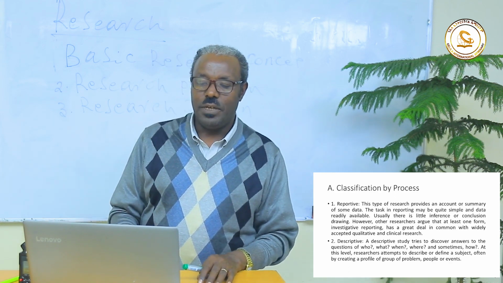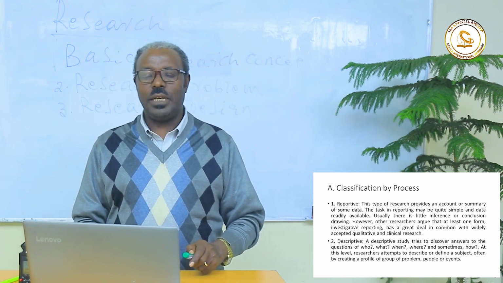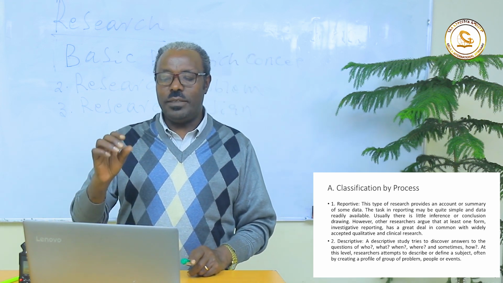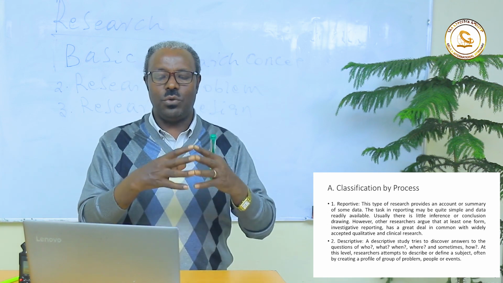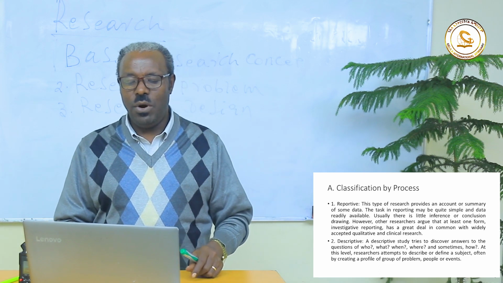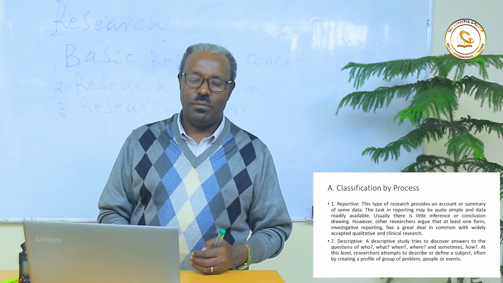The second one is descriptive. This is the second classification of research as of its process. Descriptive study tries to discover answer to question who, what, when, where, and sometimes how.